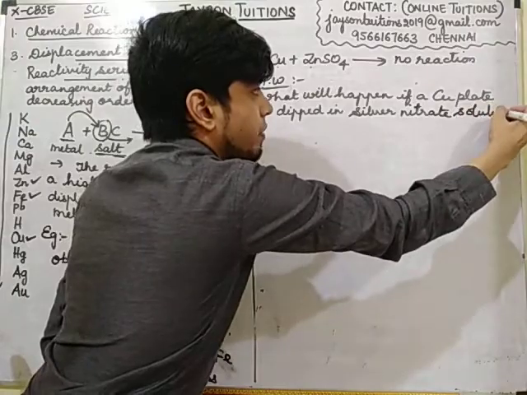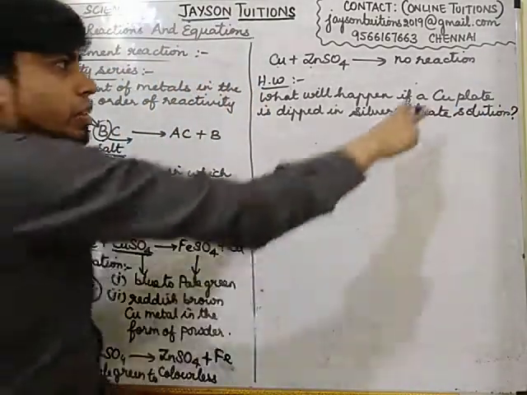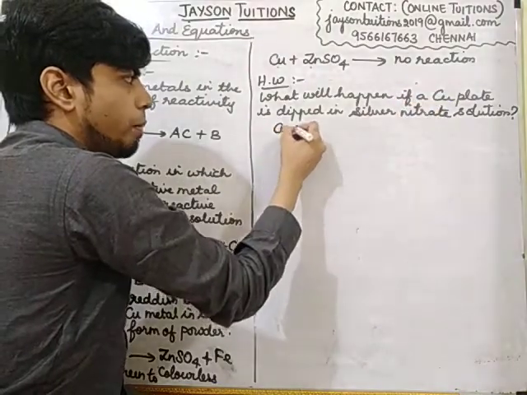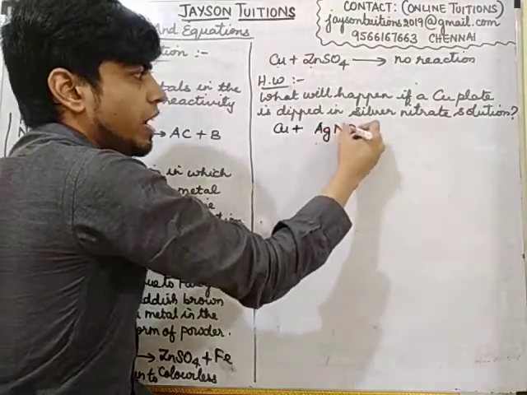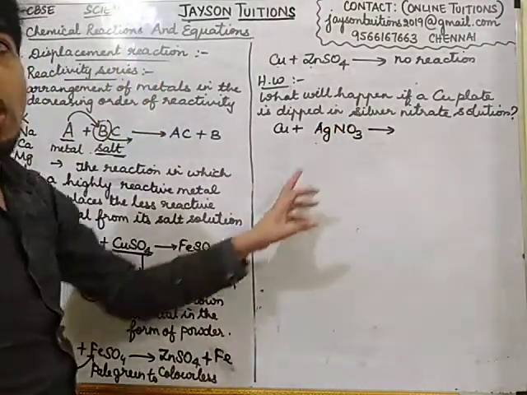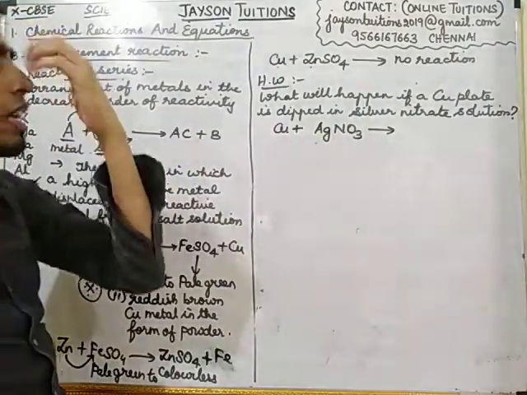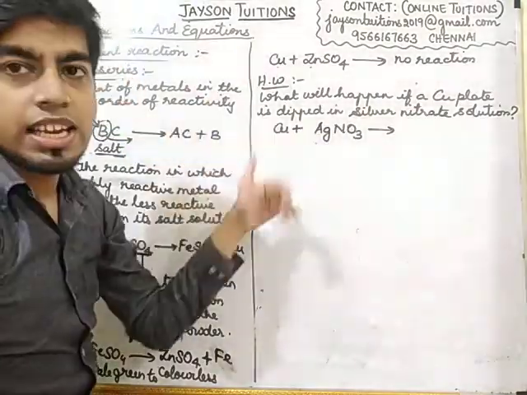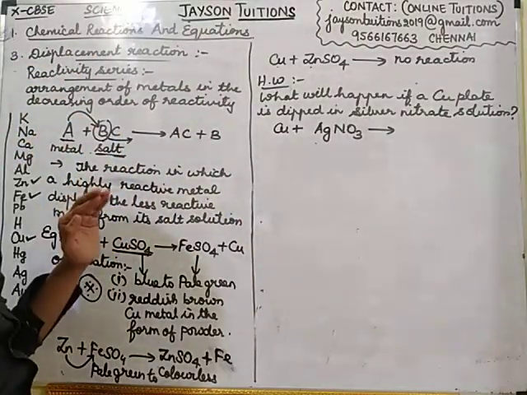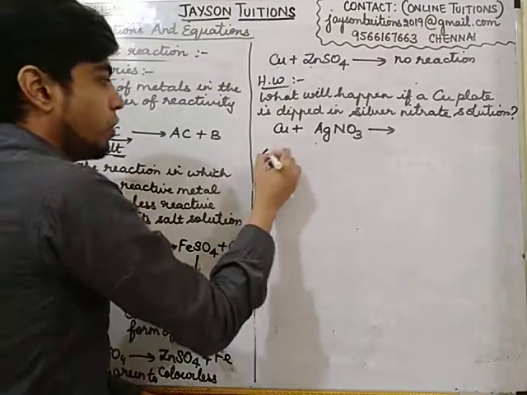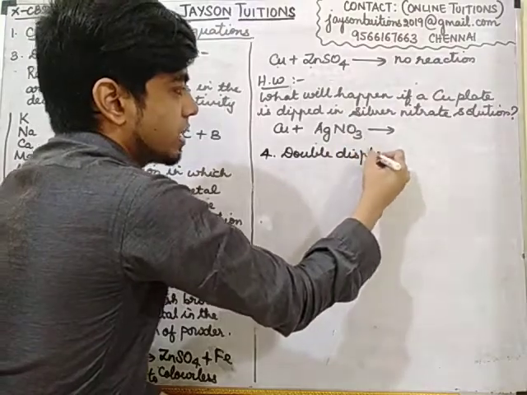Copper plate means Cu, silver nitrate means AgNO3. So what will happen? Try to complete this reaction. This is homework. I will discuss this answer in the next video. With this we are completing displacement reactions. Now the fourth type of reaction is double displacement reaction.